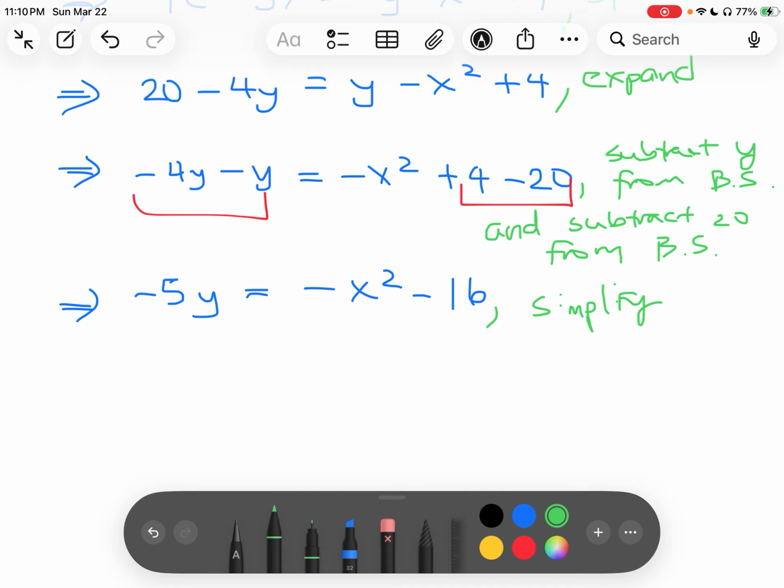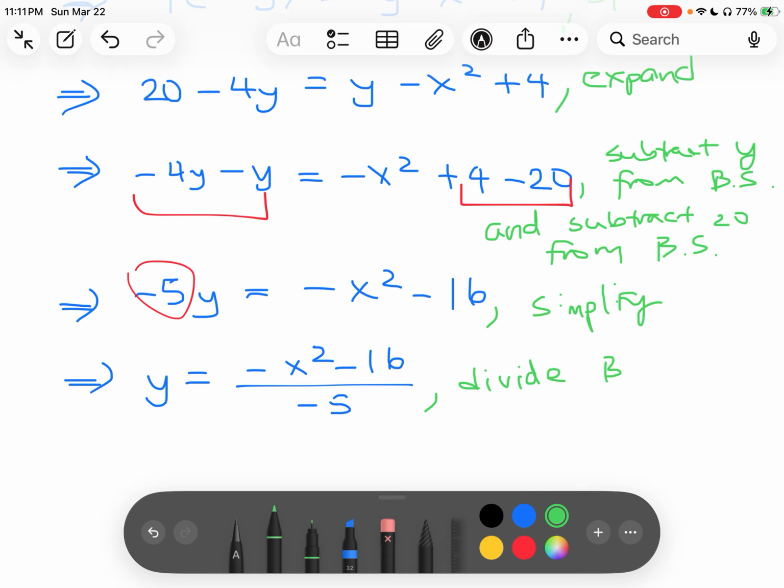Next I'm going to divide by minus 5, because I want to get rid of this minus 5 so that I have y as a function of x, y on one side and everything else on the other. So y equals minus x squared minus 16, divided by minus 5. Here I just divide both sides by minus 5.